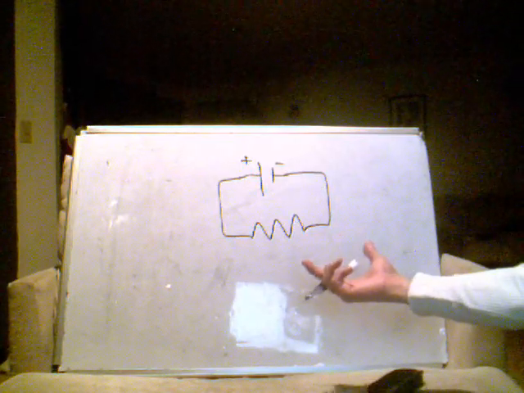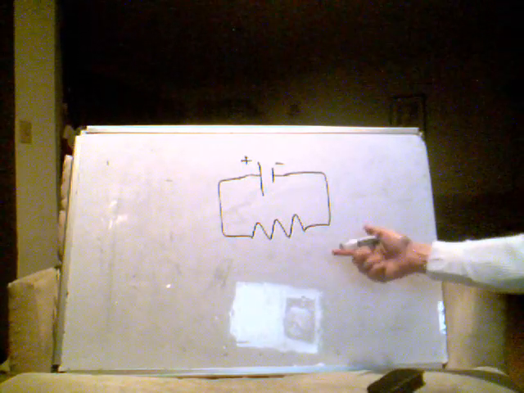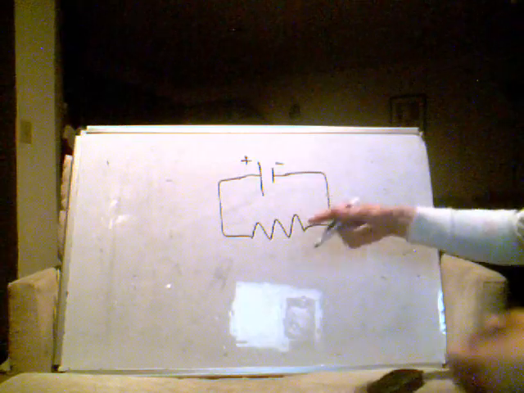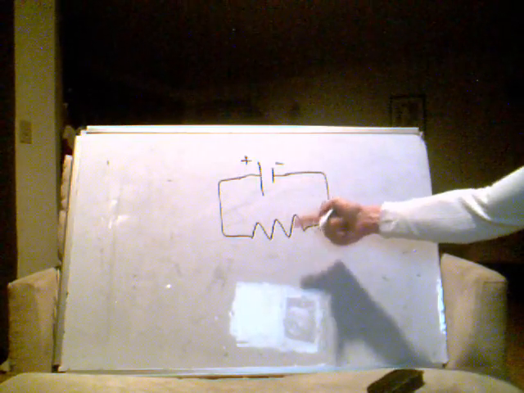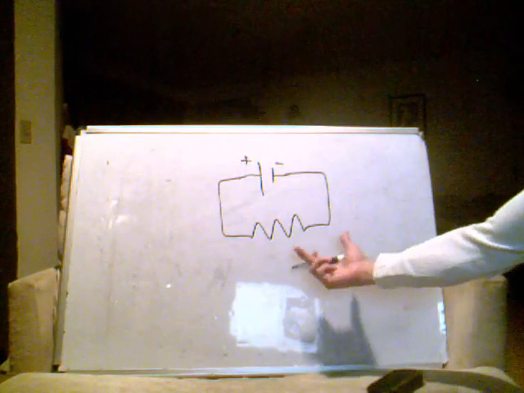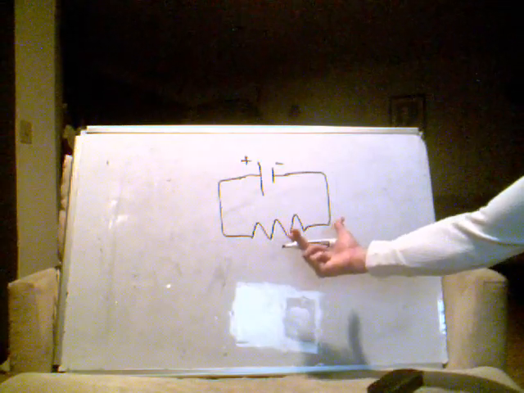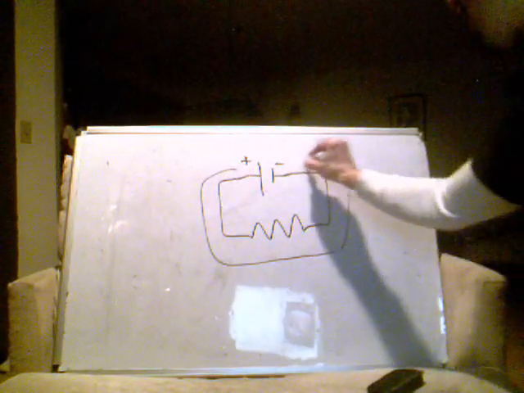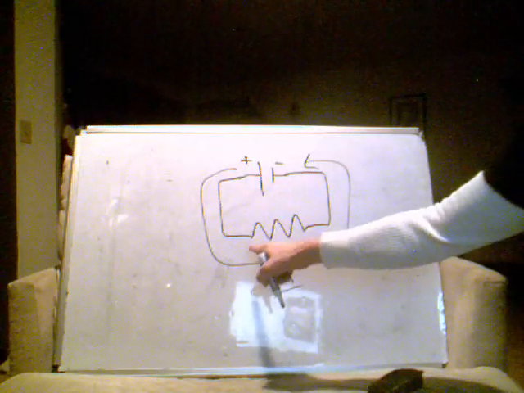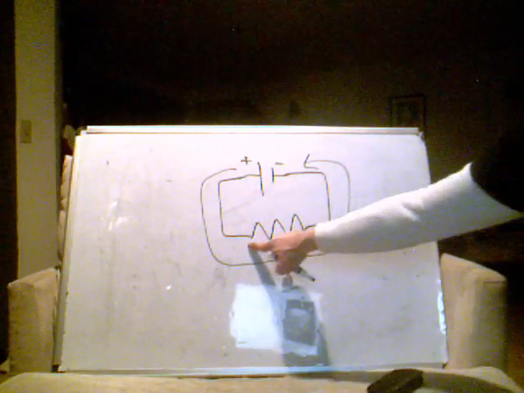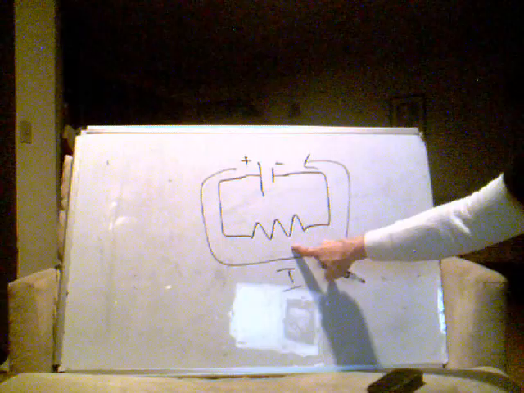A resistor, of course, is like the tungsten filament inside a light bulb, and indeed, this kind of looks like the spirally, springy-looking filament inside the light bulb, right? Now, what's going to happen as the current flows around this circuit is the current is going to have to go through this resistor.